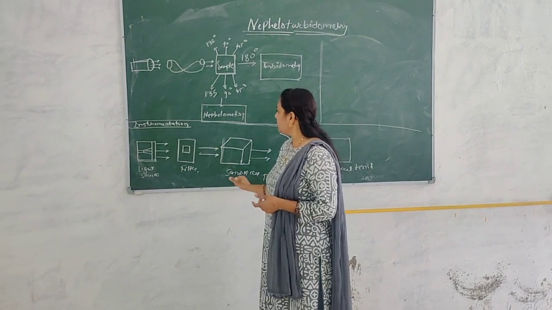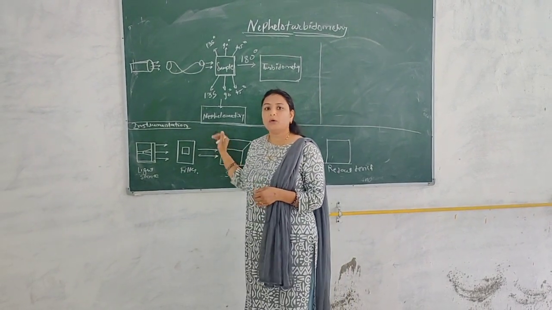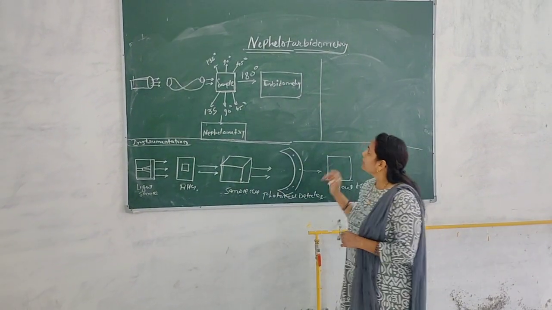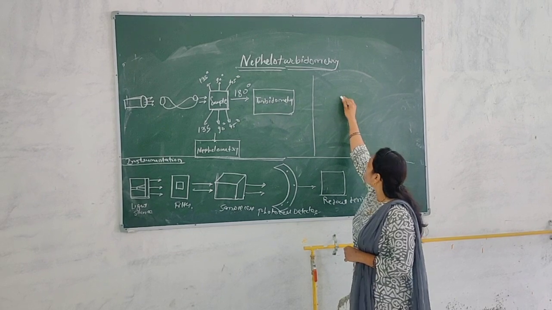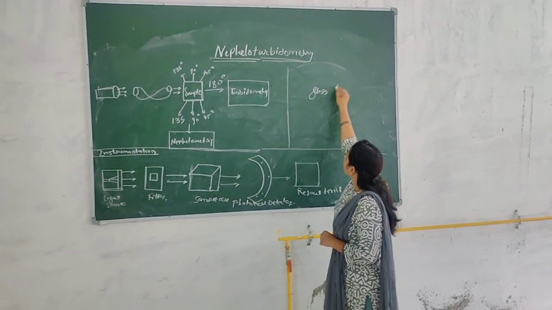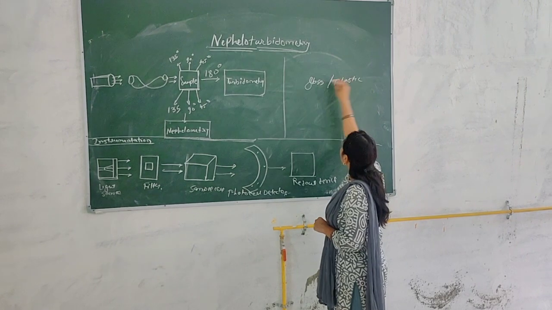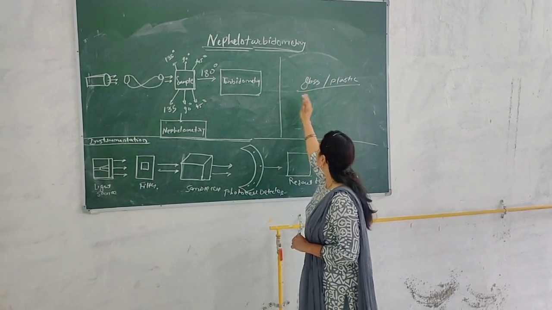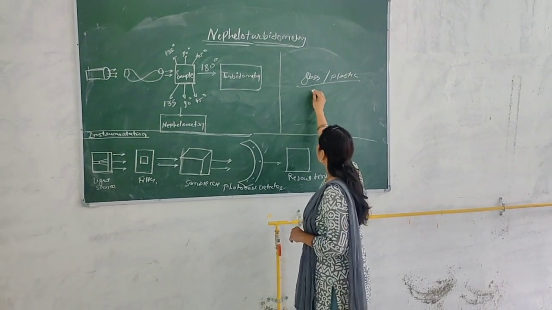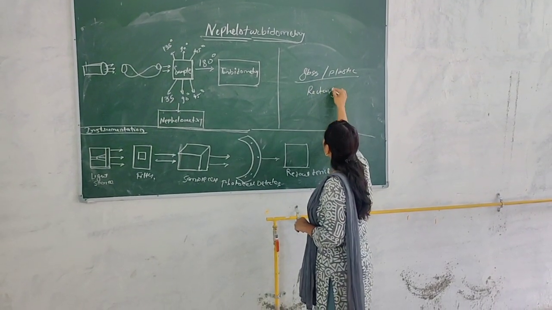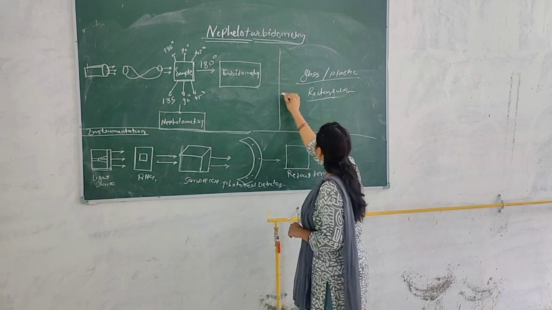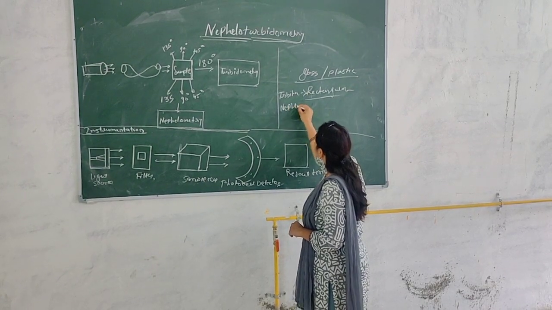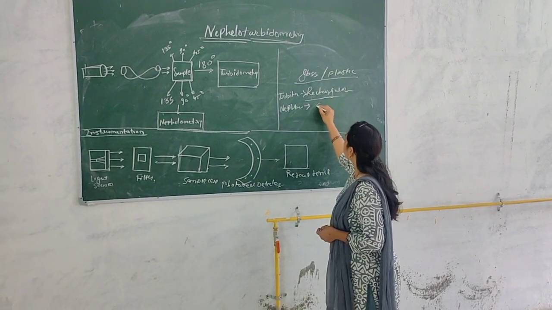In case of sample holder, there is a difference between nephelometry and turbidimetry. In both, the sample holder is made of glass or plastic, but in case of turbidimetry it is rectangular in shape, whereas in case of nephelometry the sample holder is semi-octagonal.